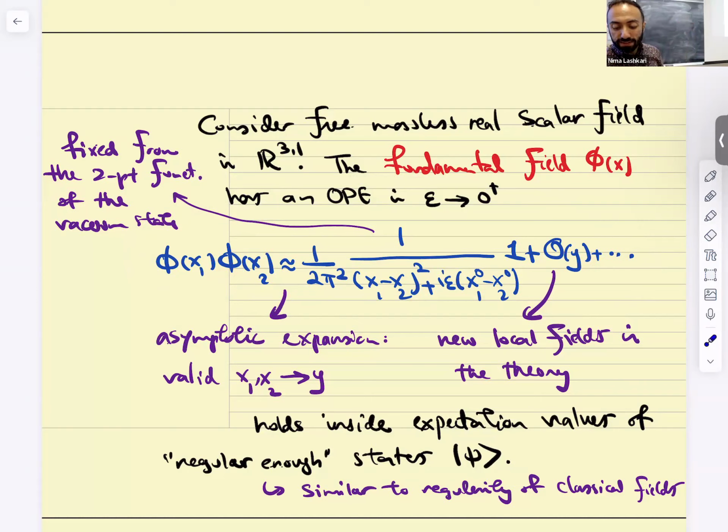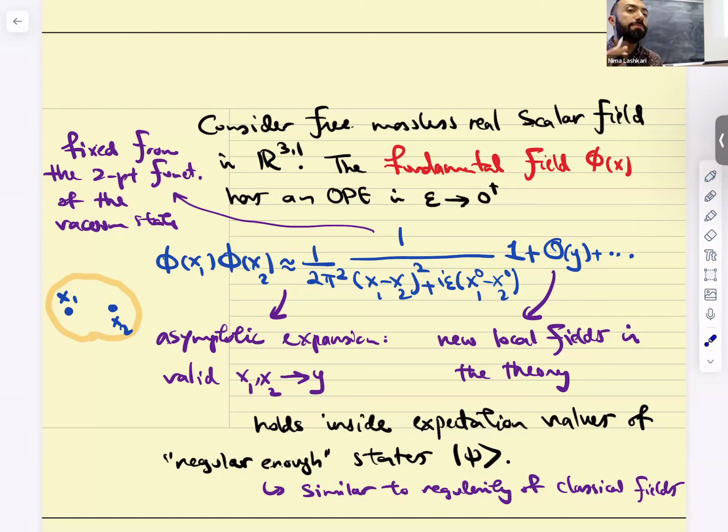So what sits on this side is all the local operators. Roughly speaking, you could think of it this way. Here's point x1, here's point x2, and the point y is anywhere in the middle. We circle around this and say the insertion of these two operators is equivalent to a sum over all one point insertions.